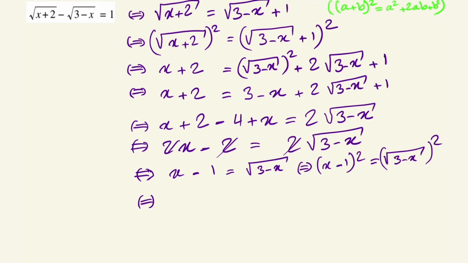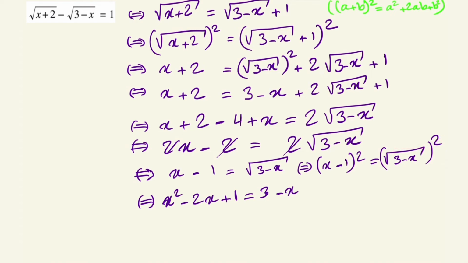So let's do that. What we're going to get is x squared minus 2x times 1, which is 2ab, plus 1 squared, equal to 3 minus x. The square root cancels the square, and this is what we're going to have.